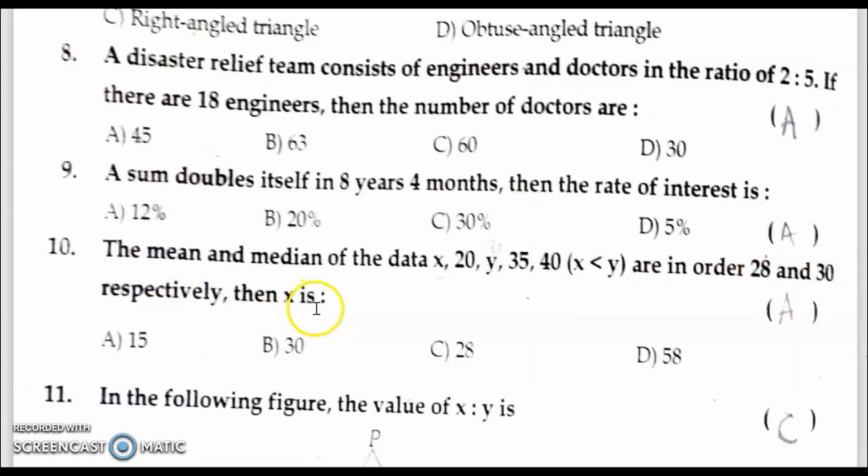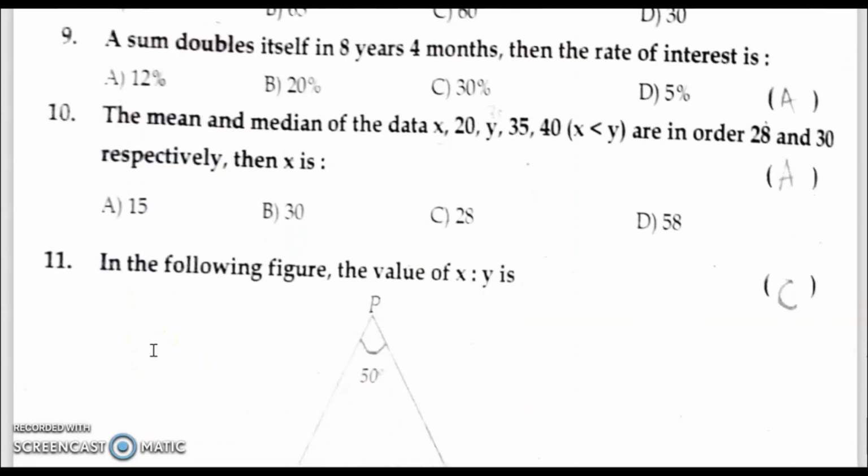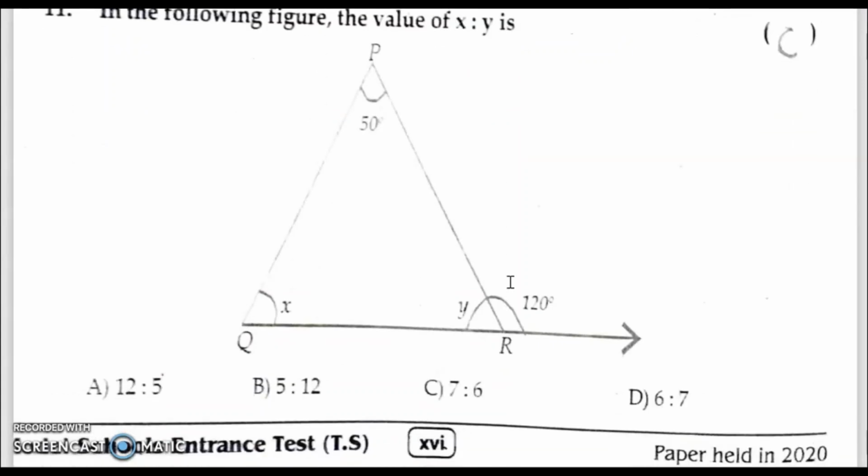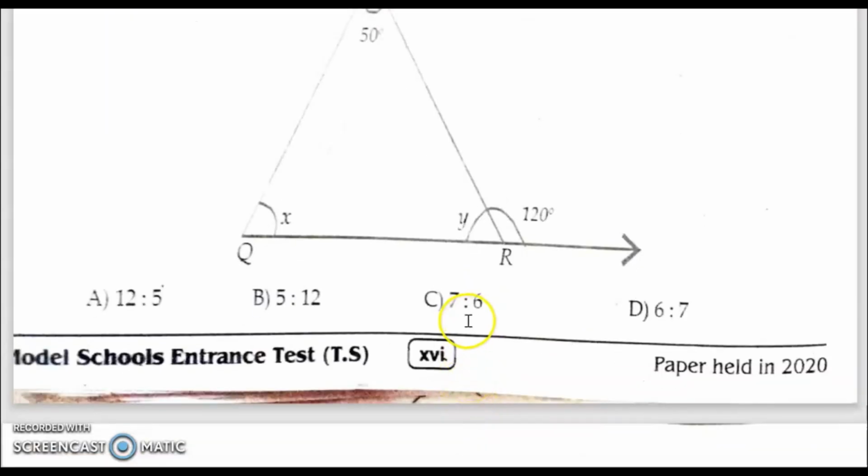Then x is 15, here the correct answer. In the following figure, the value of x ratio y is 7:6, here the correct answer.